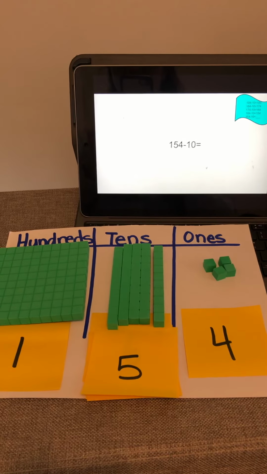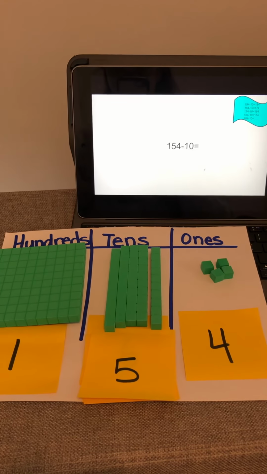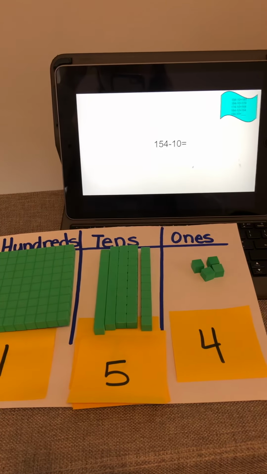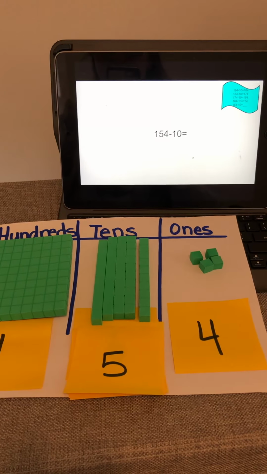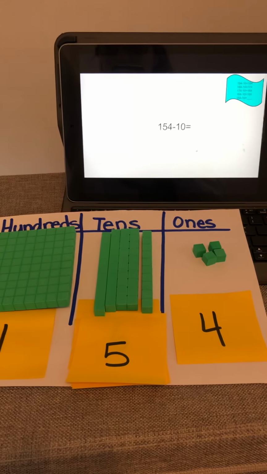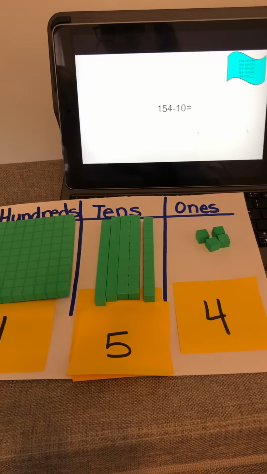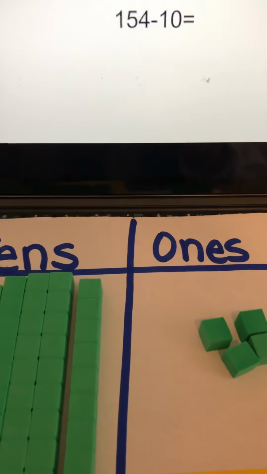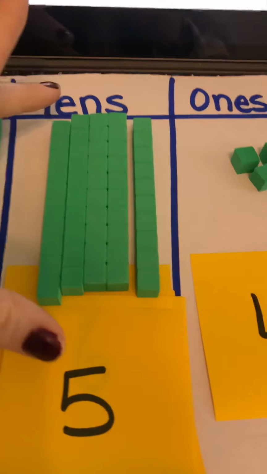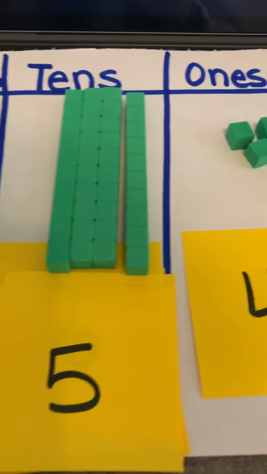Once you have an answer, put a thumbs up. 3, 2, 1. Shout it out. What do you guys all think? Let's see if you're right. Let's double check. All right. If I'm going to take a 10 from my tens, how many tens are we left with?